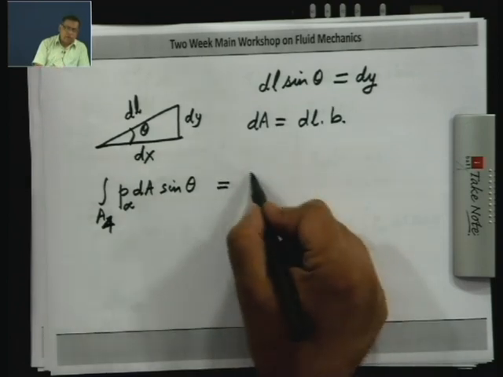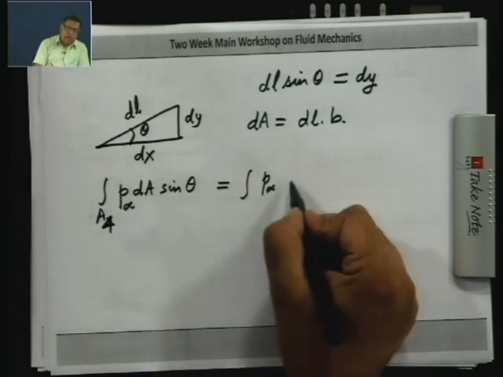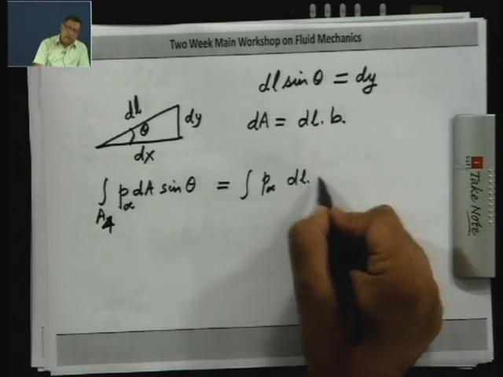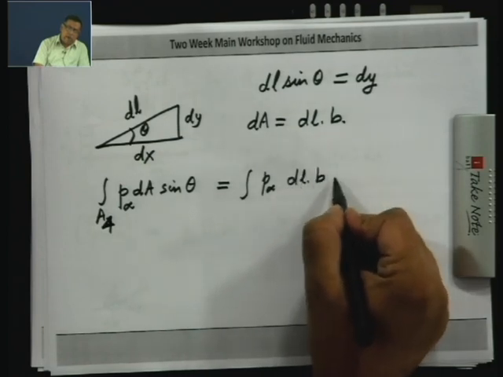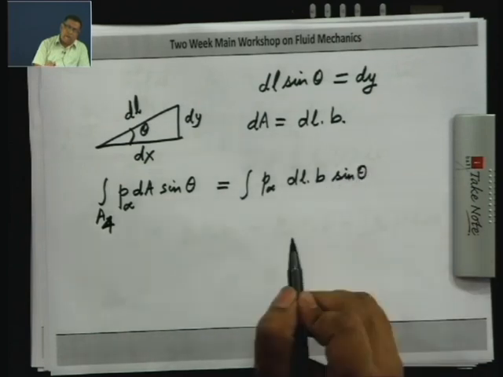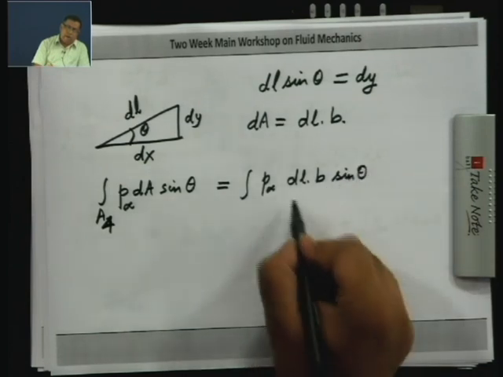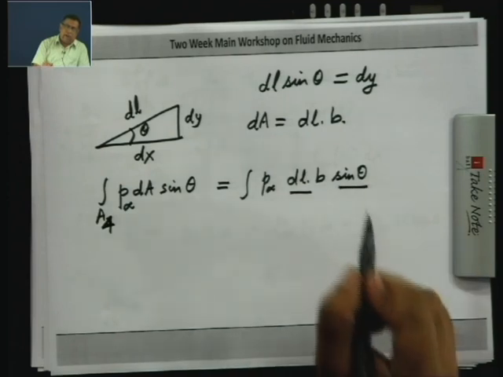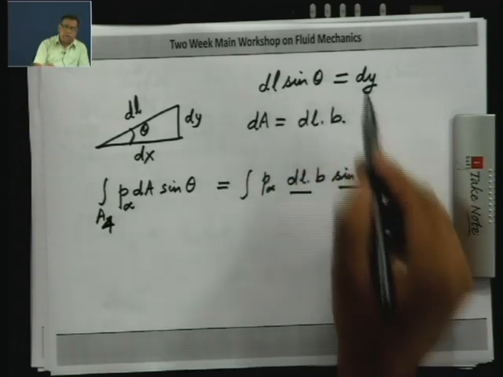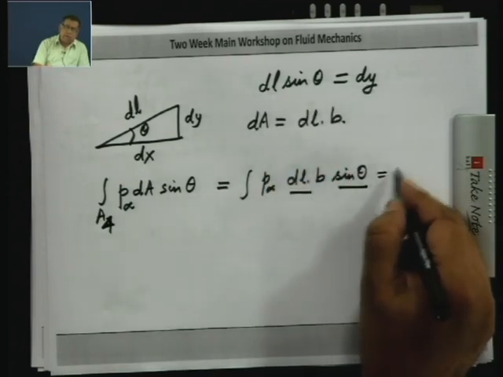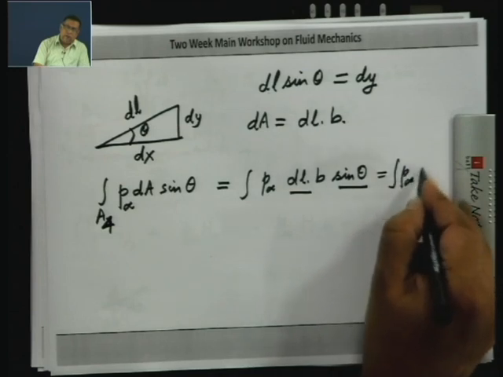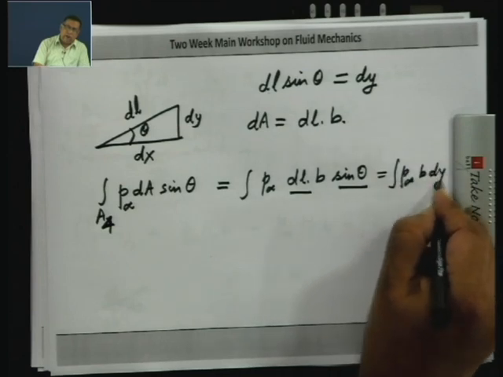So, this is going to be integral of P infinity dl into B into sin theta. Now, dl into sin theta is dy from this relation. So, I can write this as integral of P infinity B dy.